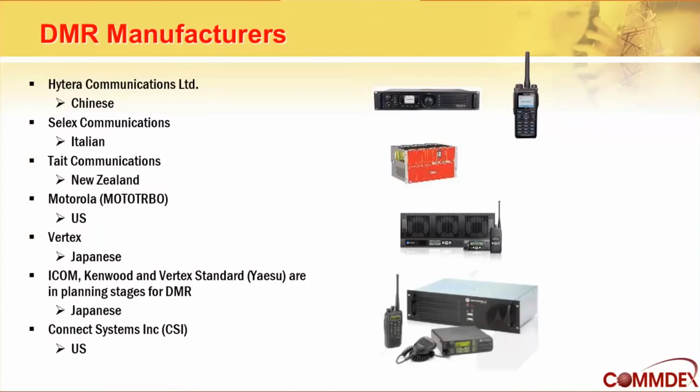Hytera, and there are several other Chinese manufacturers whose names I can't pronounce. Celex is an Italian brand. Tait out of New Zealand. Motorola makes their MotoTurbo product line, which is just Motorola's trade name for their DMR product, and that's used in the US and all over the world.